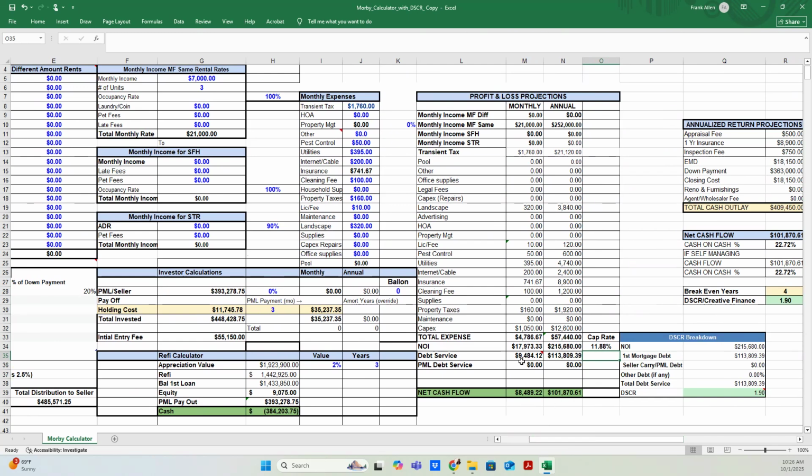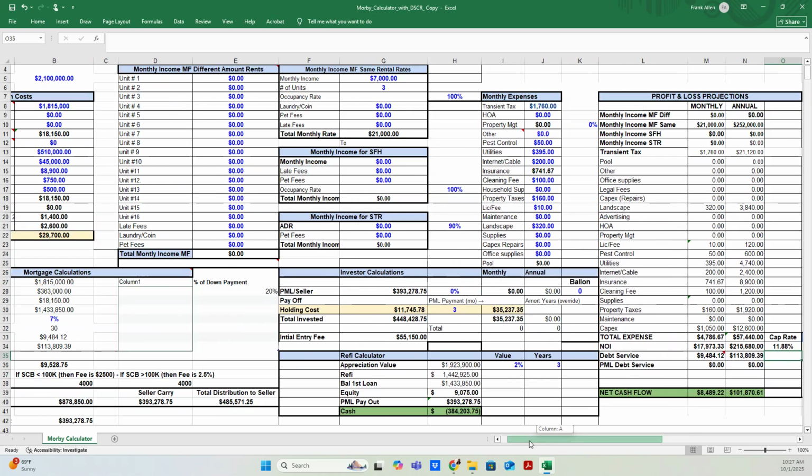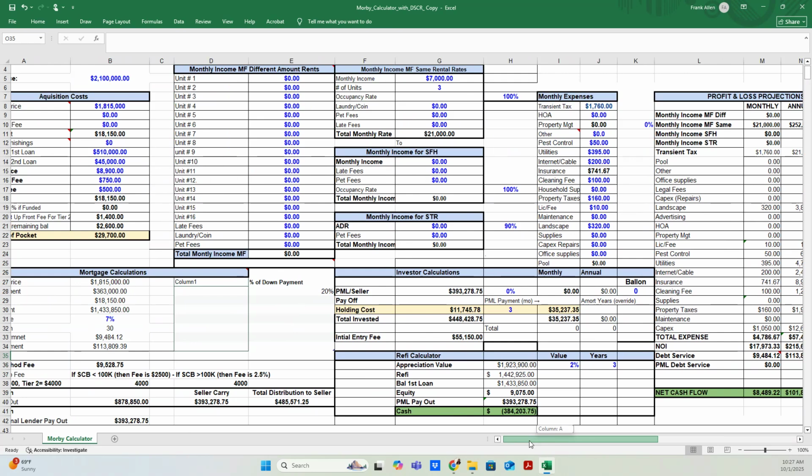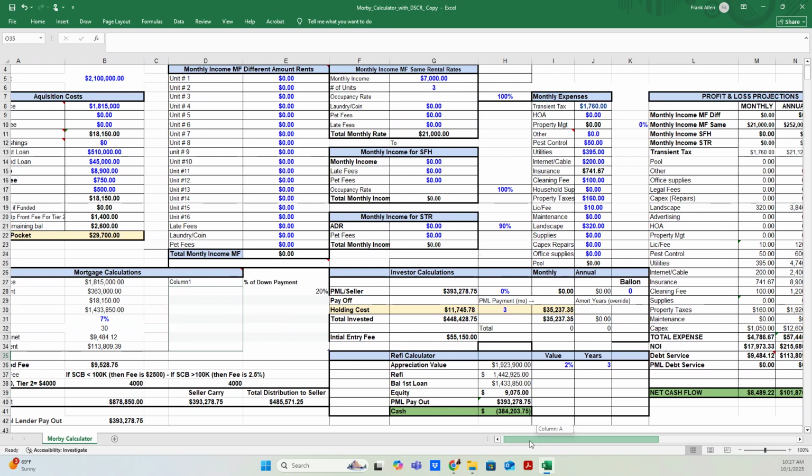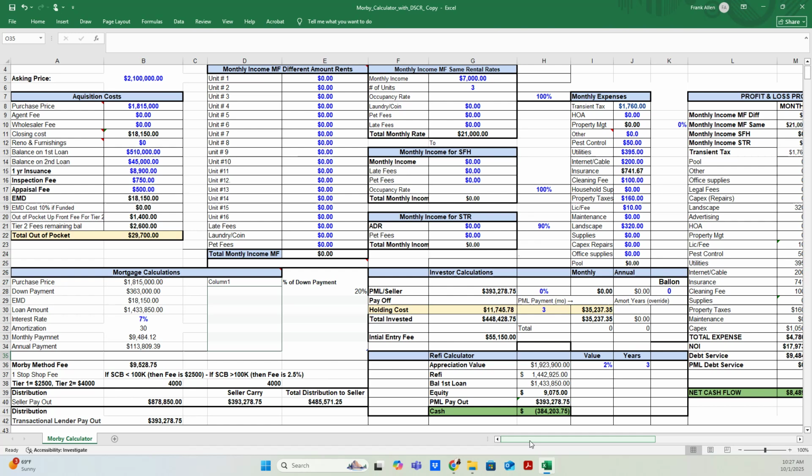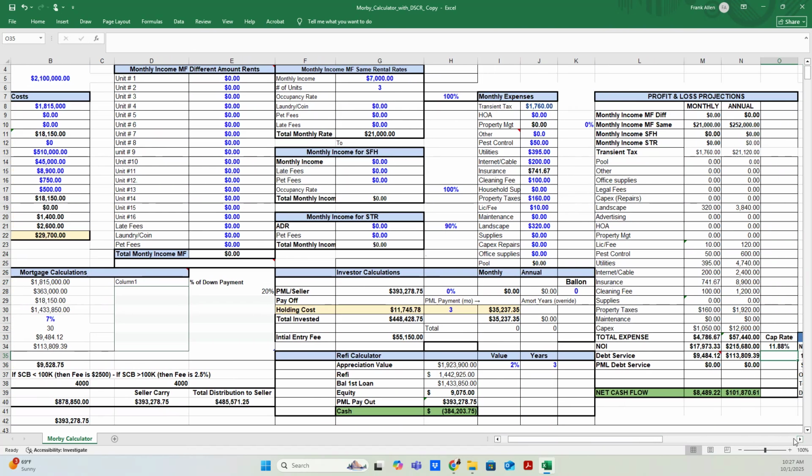So here what you see is you have cash flow of $8,400 a month and $100,000 a year. Now, we've already made an offer, and then the seller came back with a counteroffer, and then we made another counteroffer, I believe Monday.